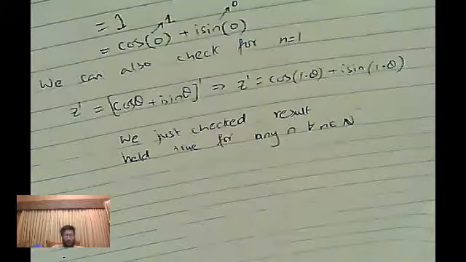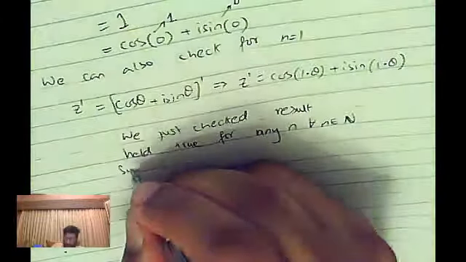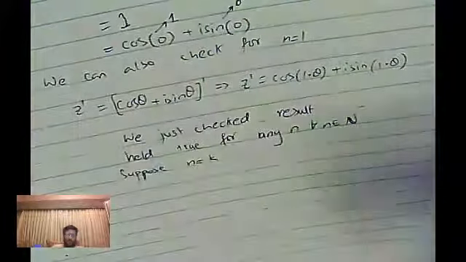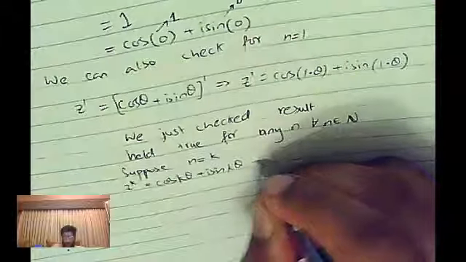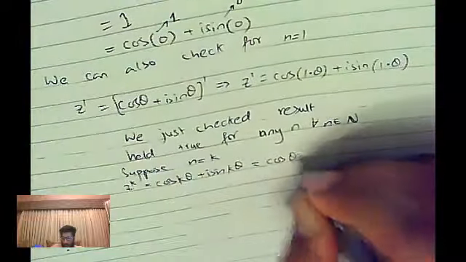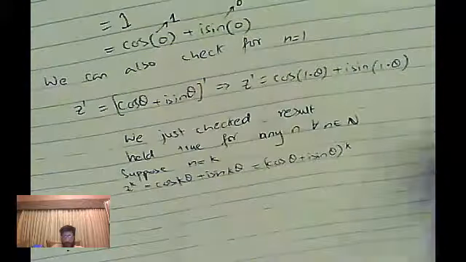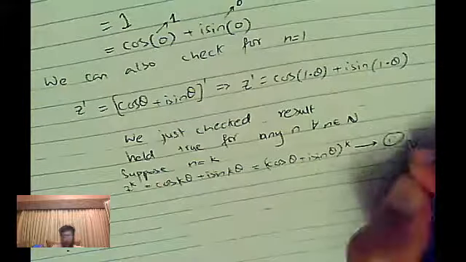Now we are going to suppose that n equals k. It could be any number. Using step 1, this should be true. So we can write z^k equals cos k theta plus iota sine k theta equals cos theta plus iota sine theta whole raised to the power k. We suppose that this is true. We name this equation number 1.